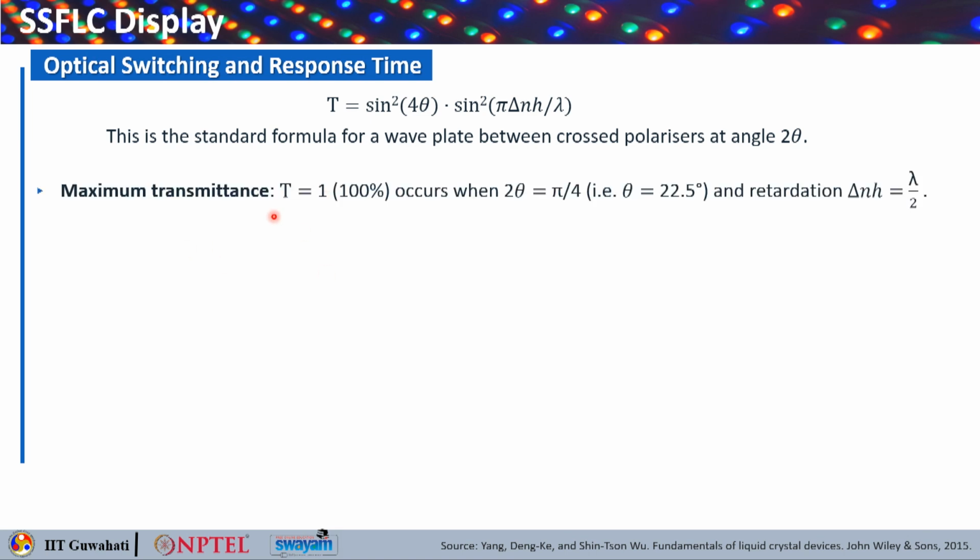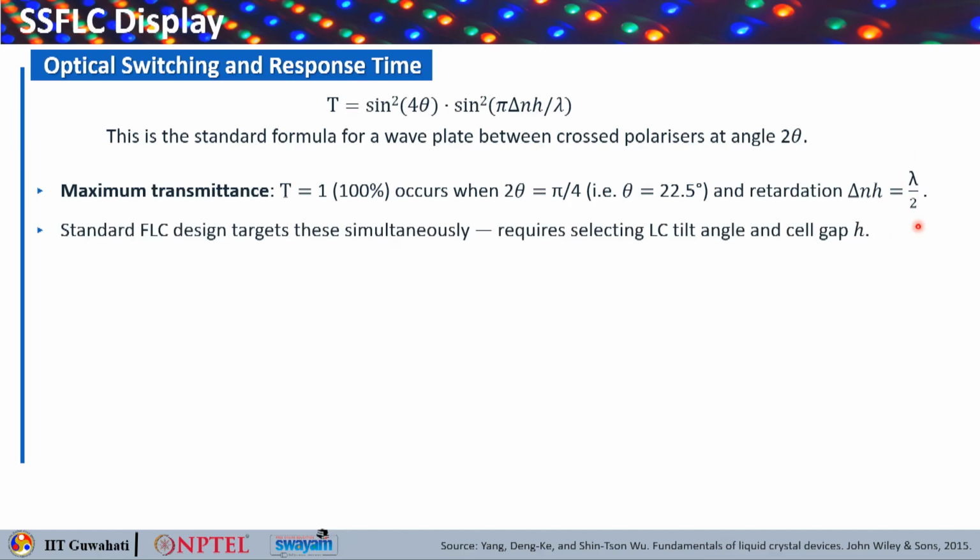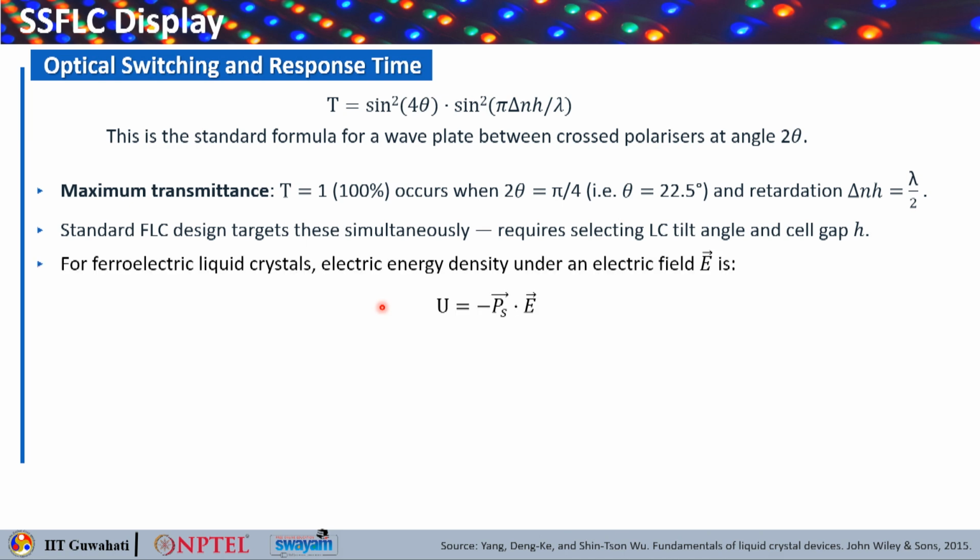You get maximum transmittance, that is 1 or 100%, when 2 theta equals pi by 4, that means theta equals 22.5 degrees, and the retardation, that is delta n times h, is half a wavelength, that is lambda by 2. So standard FLC design targets this simultaneously, which allows one to select the liquid crystal tilt angle as well as the cell gap h.